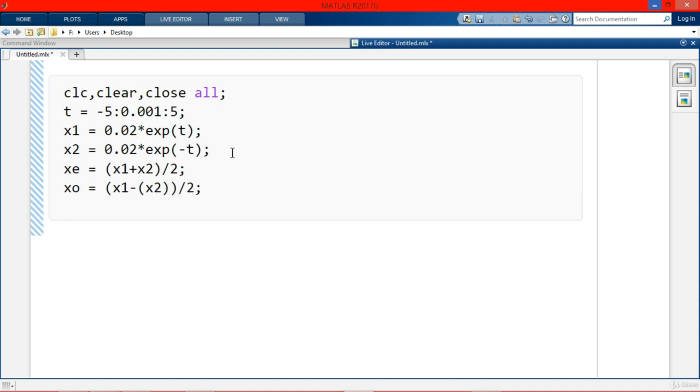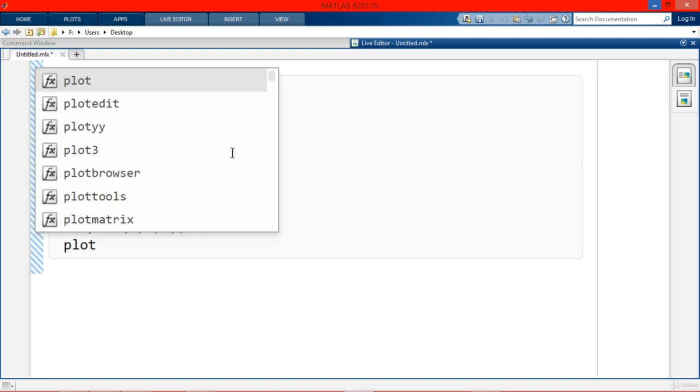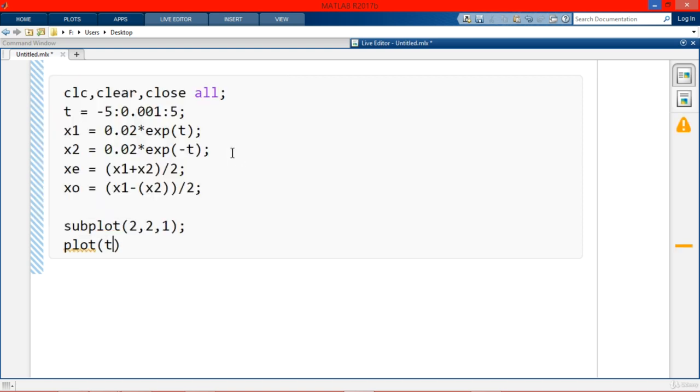Now start plotting. We know that when we want to plot multiple graphs on the same page, we use the function subplot. So subplot 2 comma 2 comma 1. Here 2 comma 2 represents the total number of rows and columns. Here we want to plot 4 graphs, so we'll take 2 rows and 2 columns. And this 1 is because it's the first plot. Now type the command plot and plot x1.